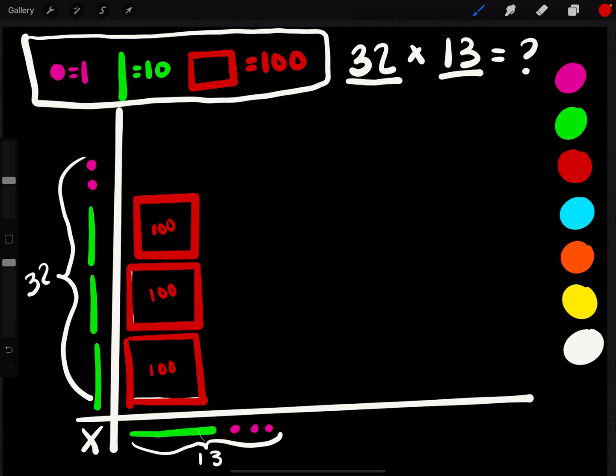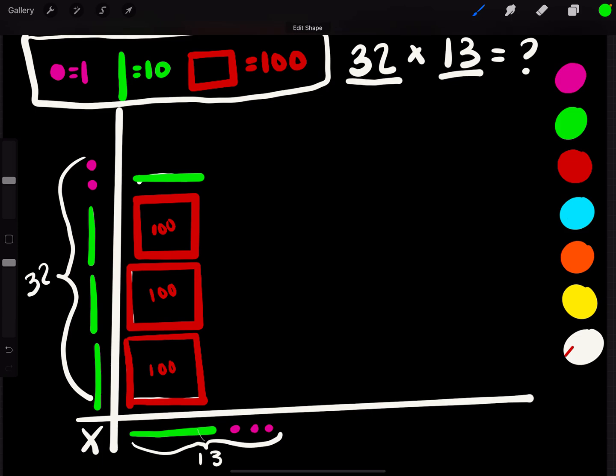Now, when we get up to the 2 of 32 right here, we have 1 up, but we have 10 across. So if we look at our key, we know that our key has one that is 1 by 10. That is our tens rod. Now it might look a little bit different because we're going to flip it on its side.